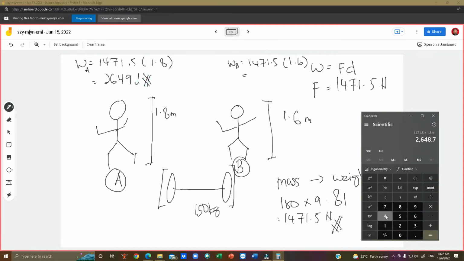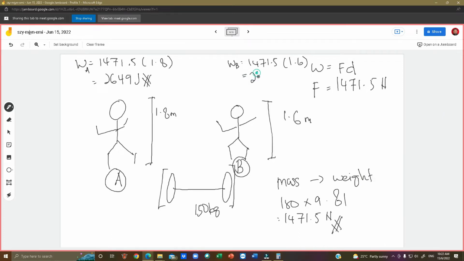And another one, 1471.5 times 1.6, we have 2354 joules. So from here, you can notice that the work done is different.